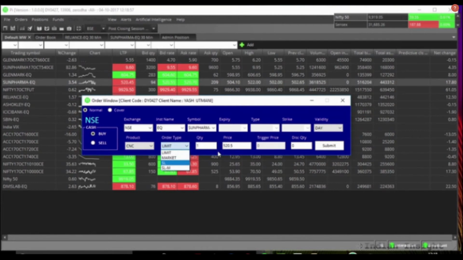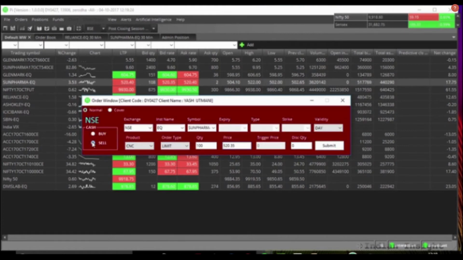Then you mention the quantity. Let's say I want to buy 100 shares of Sun Pharma, and I basically enter the price. Let's say I want to buy these 100 shares at 520. So you can just press submit, and if the market is such that you can buy 100 shares at 520, then your order will be executed. This is a simple buy order.